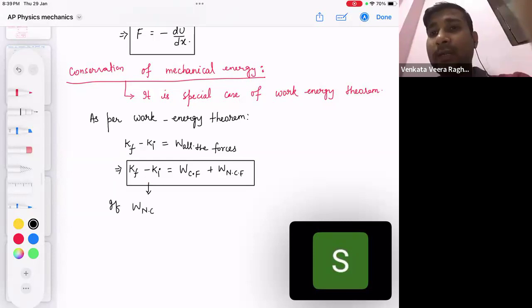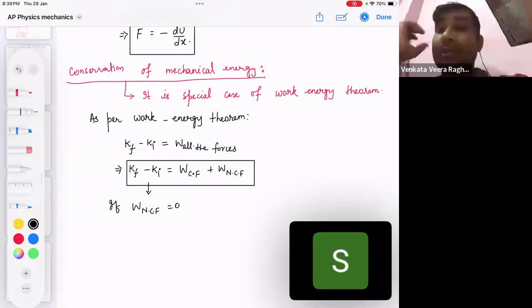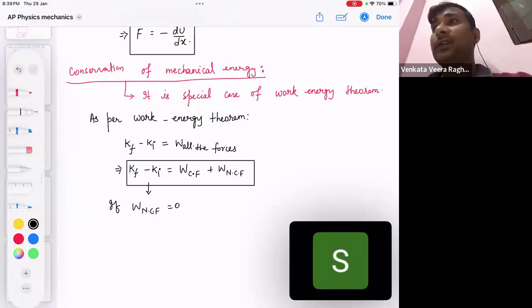Now, in this case, if work done by non-conservative force is 0, okay. See, for the work energy theorem, is there any condition, like I should only apply it for this case, or only for gravity force, or only for friction, and I cannot apply it for resistance force? No, the work energy theorem I can apply everywhere.